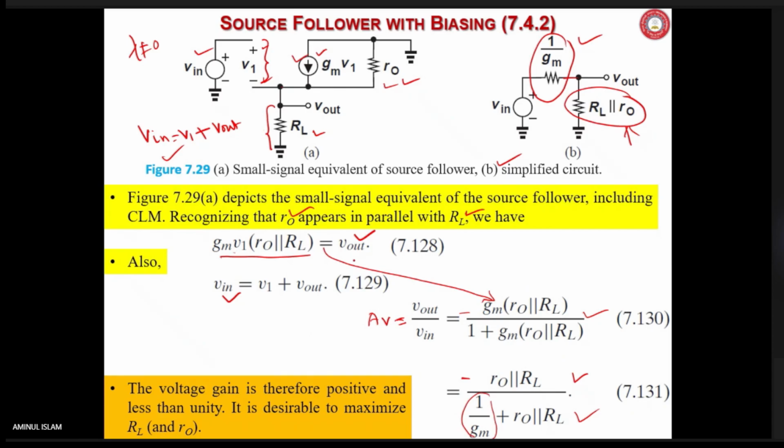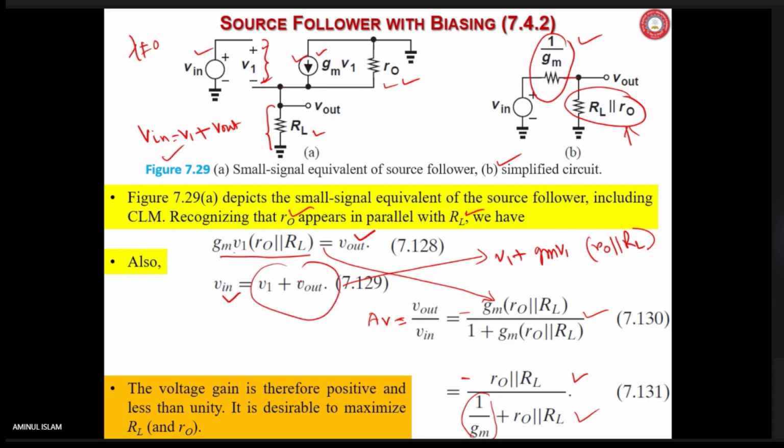V out as you have written. Let's come here. And here V in you are writing. So V in is nothing but V1 plus gm V1 times rO parallel RL. That thing you put here.